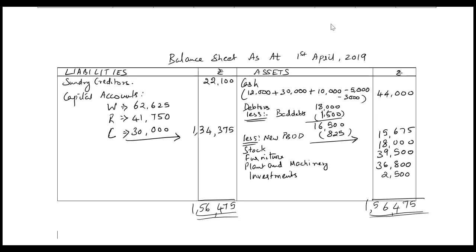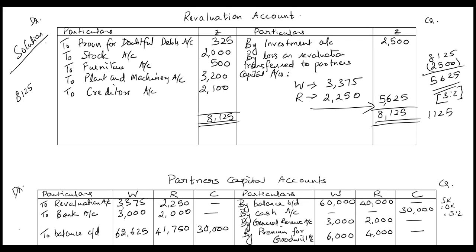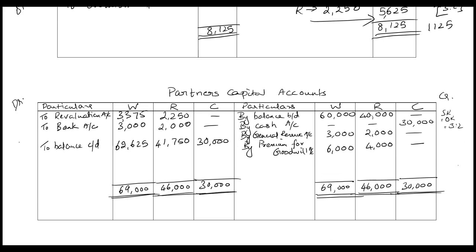Both sides tally with 1,56,475 rupees. So let's look at this: the revaluation account prepared by us. There was a loss on revaluation, which we transferred to the partners' capital accounts.